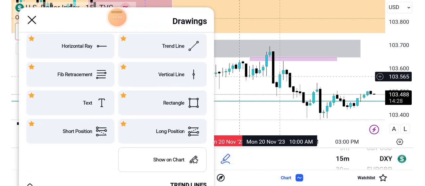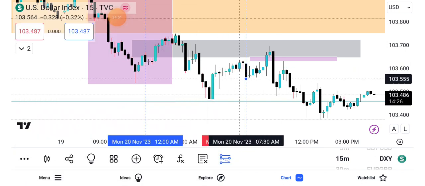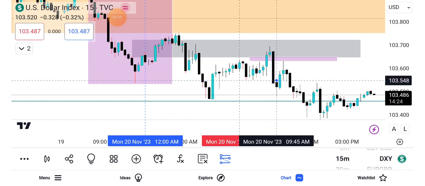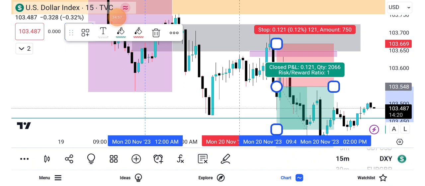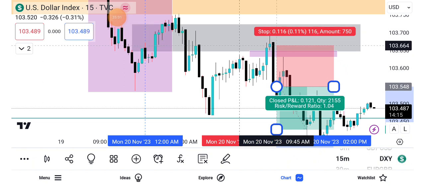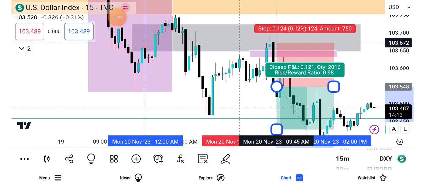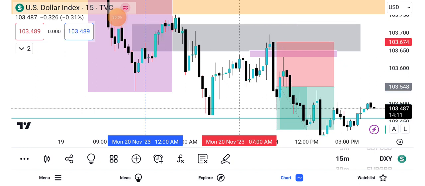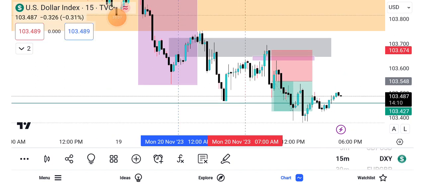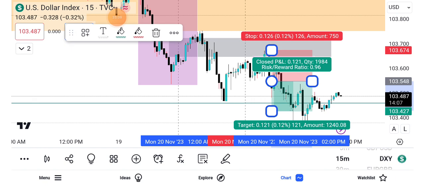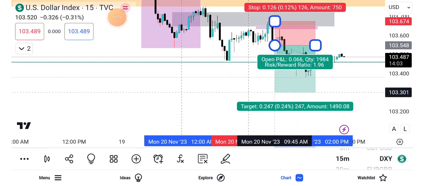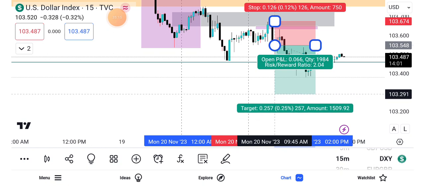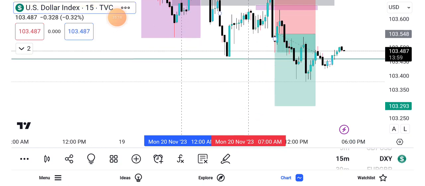So it would have been here, with my stop loss above this candle's high, and of course I would have targeted a 1 to 2. Yeah, around that zone.